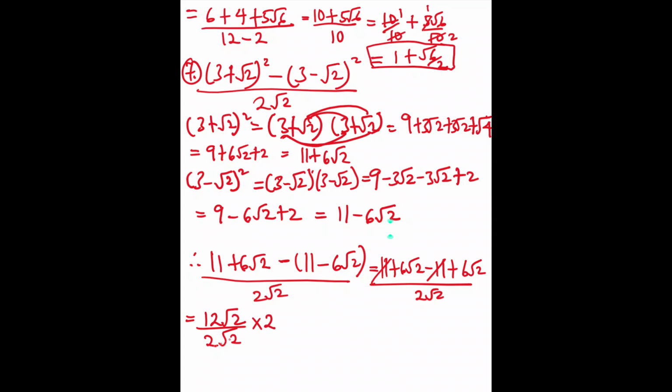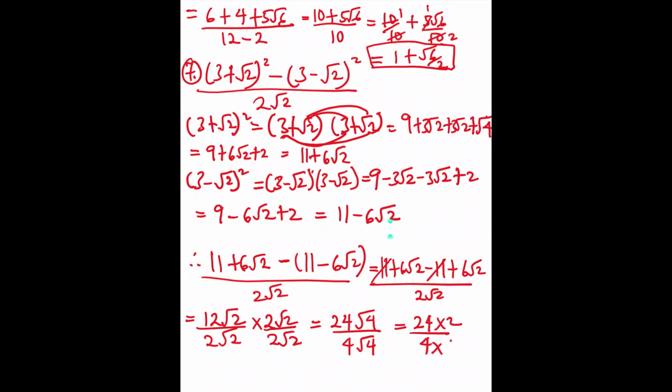Okay, so now let's rationalize with 2 root 2 again, times 2 root 2 over 2 root 2. Okay, so 12 root 2 times 2 root 2 will equal 24 root 4, right? And 2 root 2 times 2 root 2 will give us 4 root 4, right?